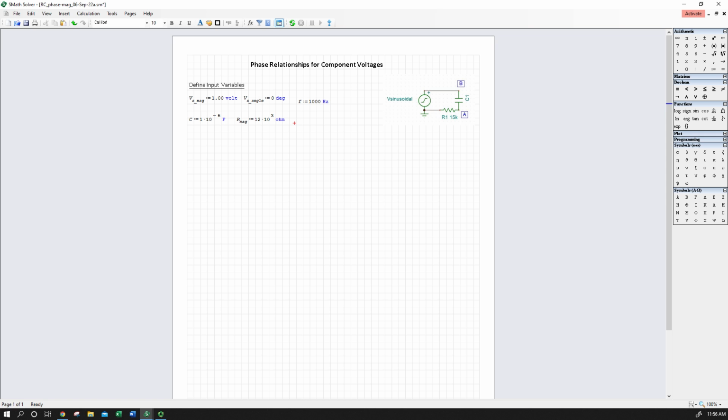And this would be analogous to writing a program and defining a variable earlier in your code and then redefining it in a later step. That's effectively what SMath is doing. So I'm going to go ahead and define an R angle. So I'm going to type capital R period, and then I'm going to write angle equals 0.